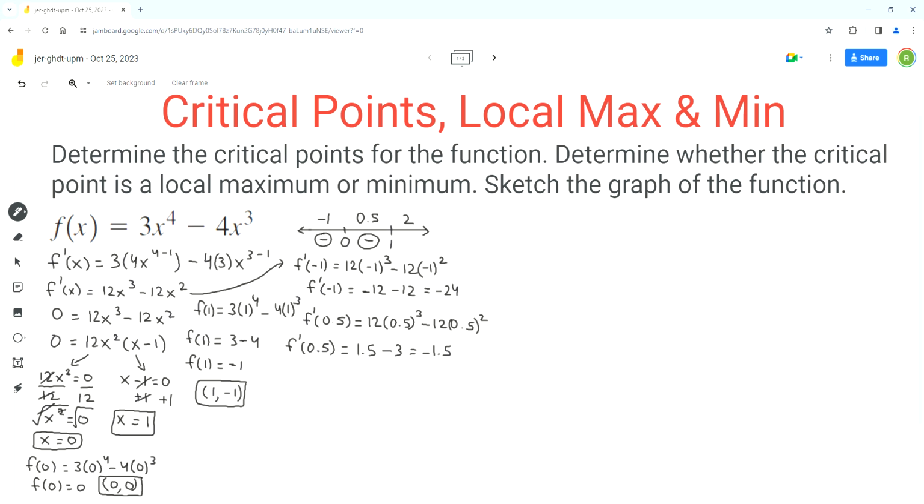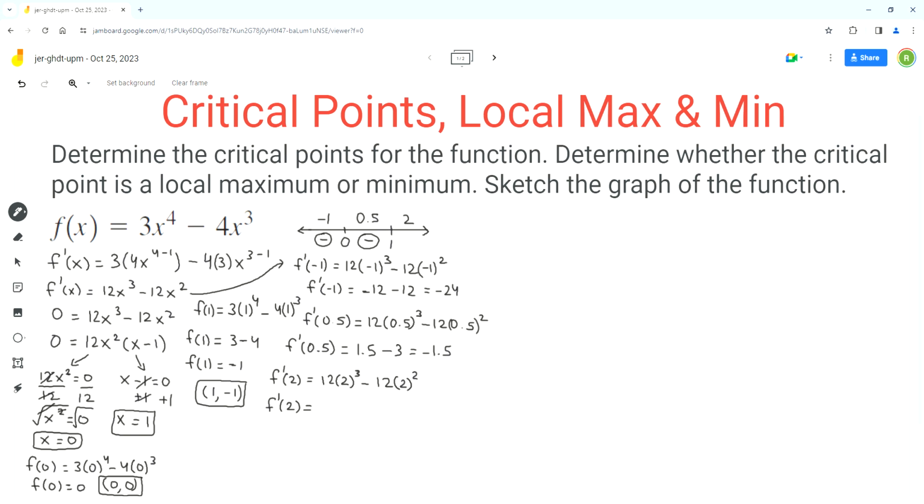That means the function is decreasing between 0 and 1. Now we can analyze f prime for the test value x equals 2. So f prime at 2 equals 12 times 2 cubed minus 12 times 2 squared. So 2 exponent 3 is 8.